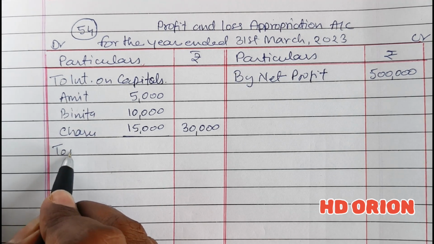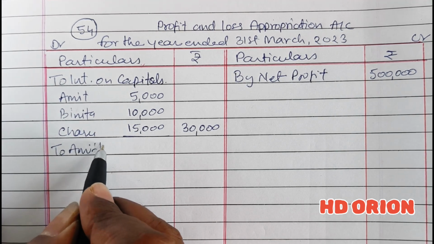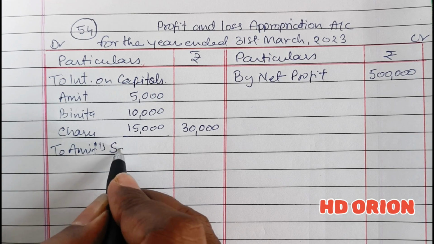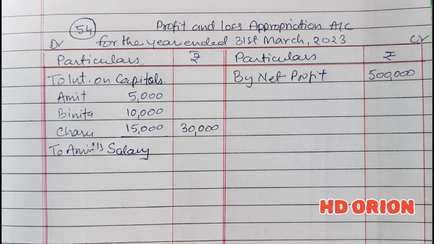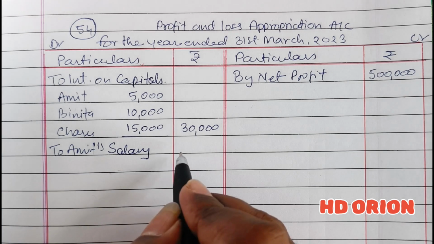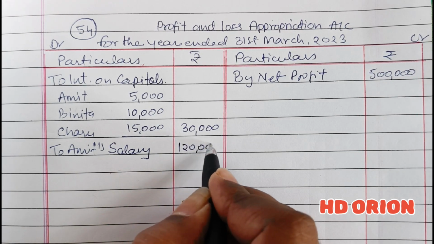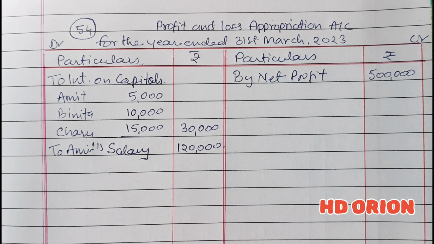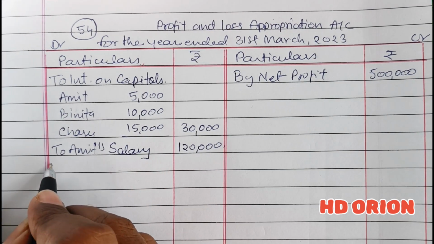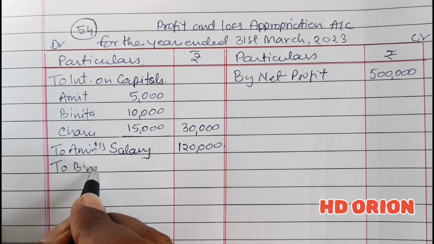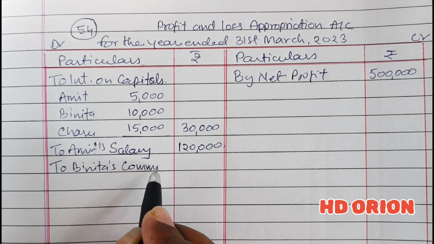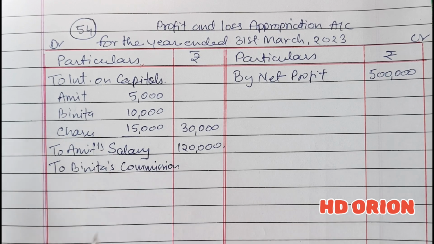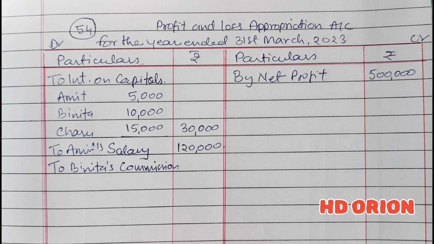Then there is a salary to Amit, at the rate of rupees 10,000 per month. So 10,000 multiplied by 12, it will be 1,20,000. Then Binita's commission. About it, it is said that 5% of net profit after deduction of commission.